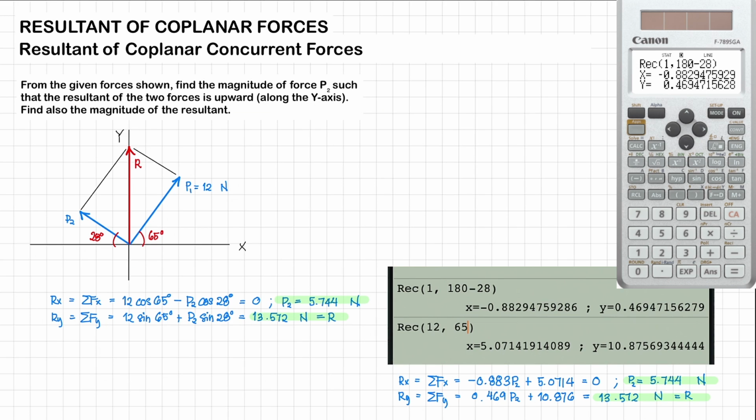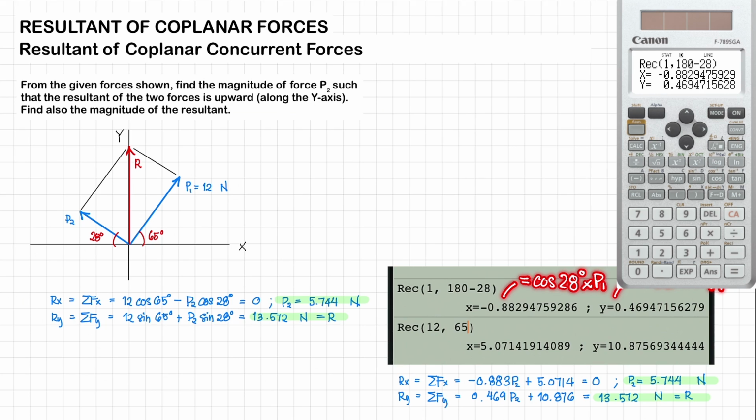And then what you'd get here is the cosine. This one is going to be your cosine 28 degrees, and this is going to be your sine 28 degrees as well. And then you just multiply these by P2, and you'd get the components.